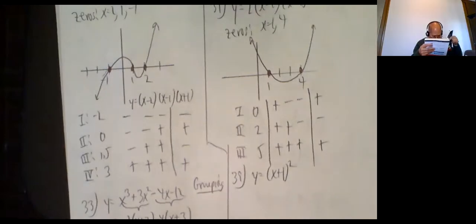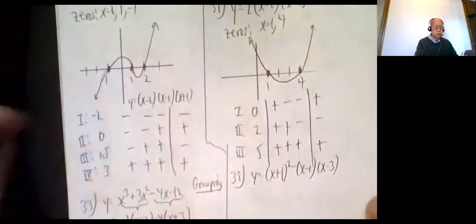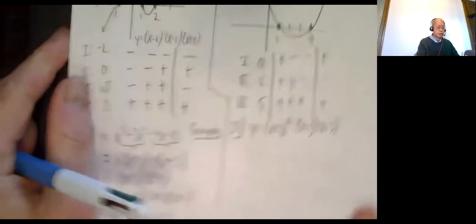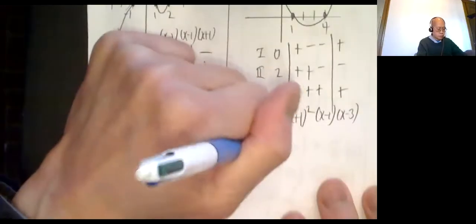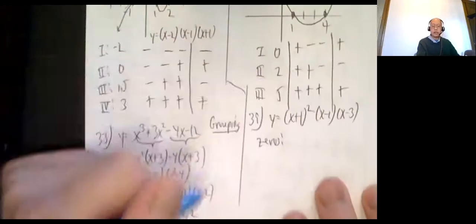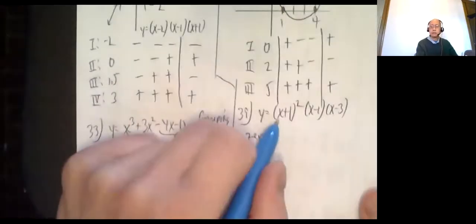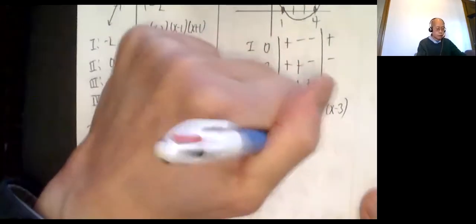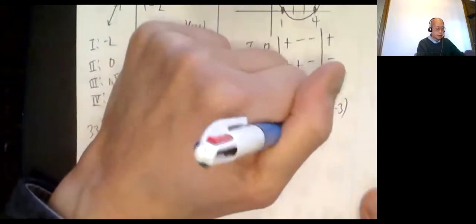X plus 1 squared, x minus 1, x minus 3. Okay, so get the zeros. What makes this 0? Negative 1. Positive 1. Positive 3.